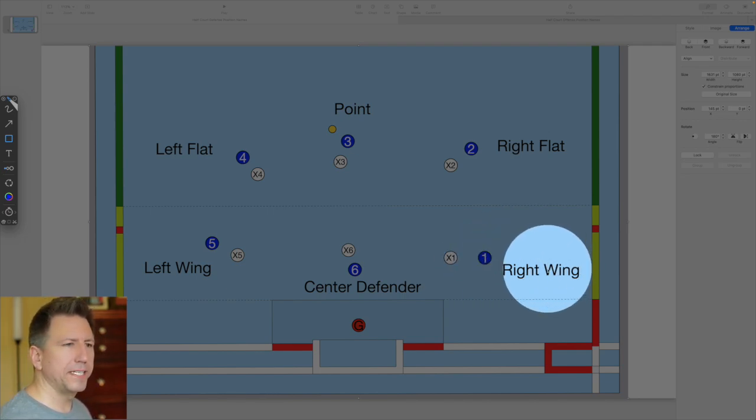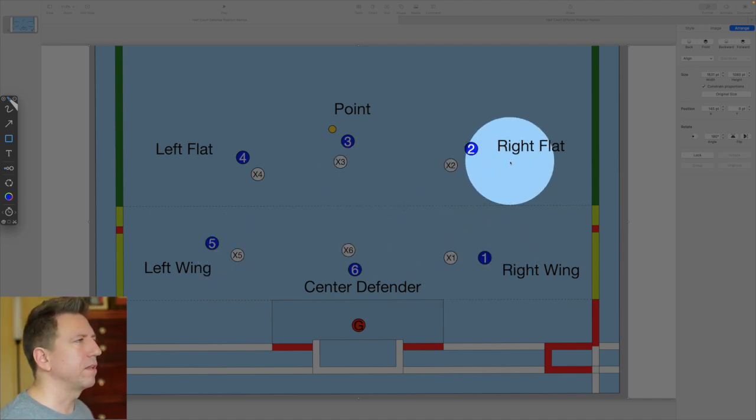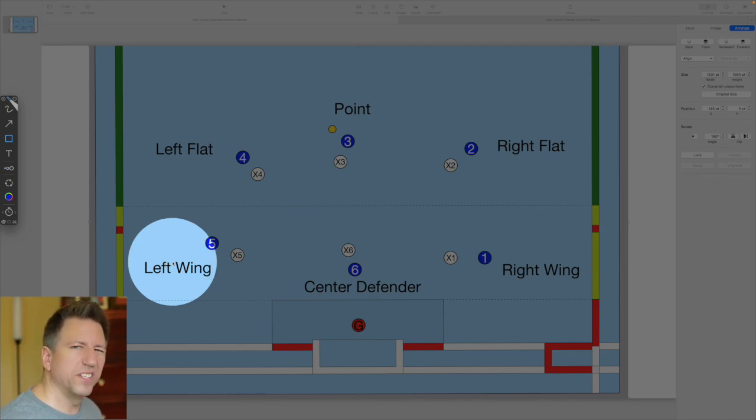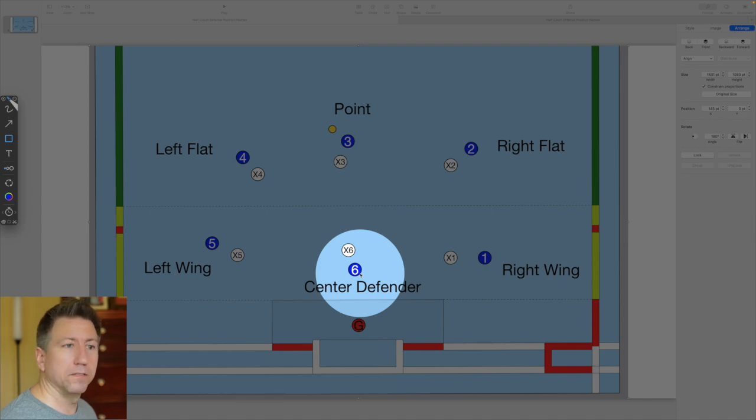If I'm defending and I want to just point and say go to the right wing, we'll know that. You don't have to think in your head, which side is that? Okay, so right wing, right flat. We still have the point, left flat, and left wing. Nothing too different there. But this is the center defender. We still call the area the center, like go to center, but the person itself is the center defender at that position.